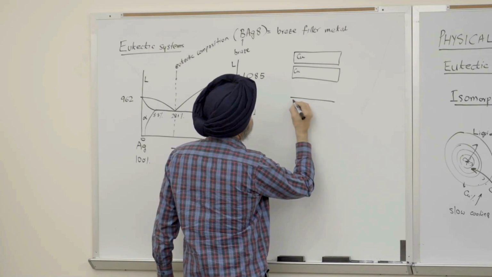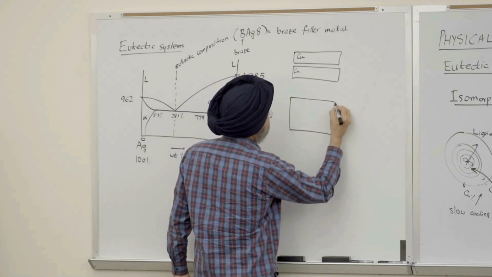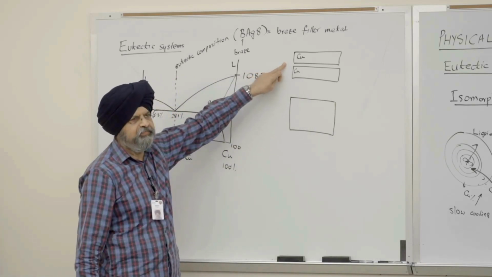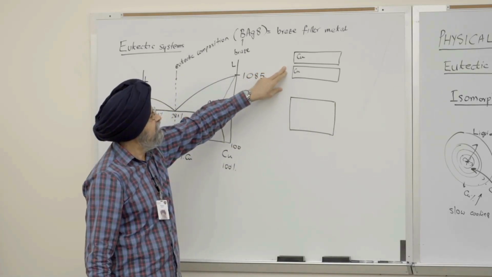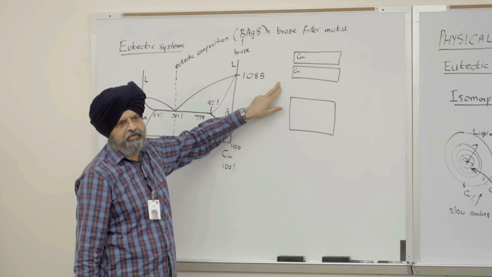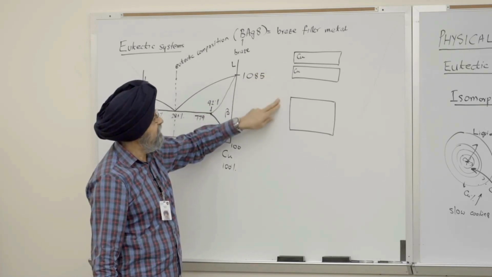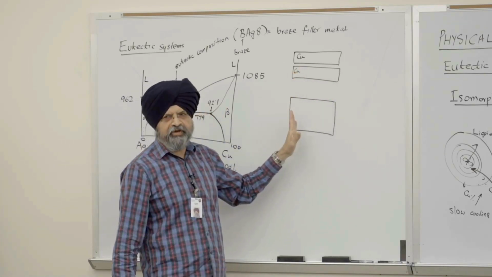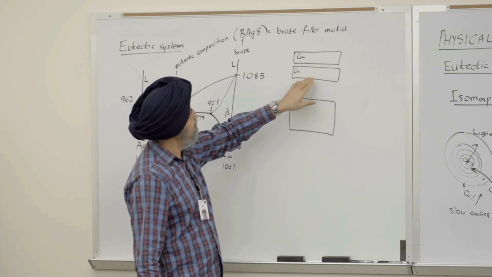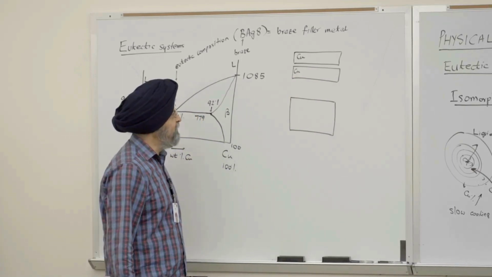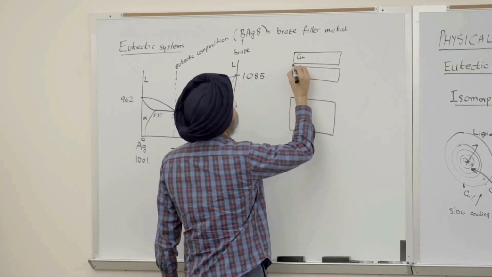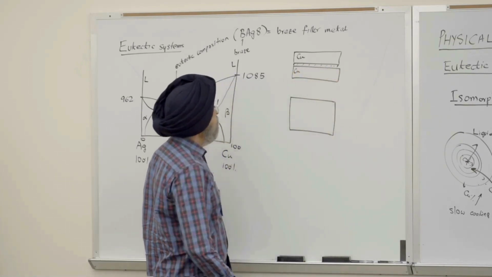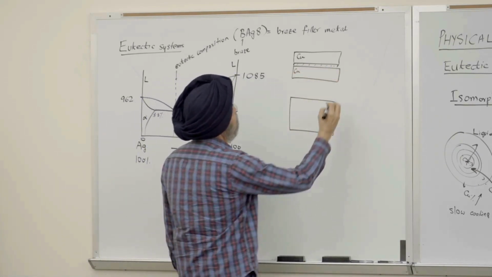And just to complete the drawing, the plan looks like this, and this is the elevation. So when I was growing up, this is how we drew our prints. We had plans and elevation, and we had side view. But in this case, since I have a square piece of copper, the side view will be the same as the elevation, right? So we want to join this. So we want to put alloy over here, braze alloy, to join that by brazing.